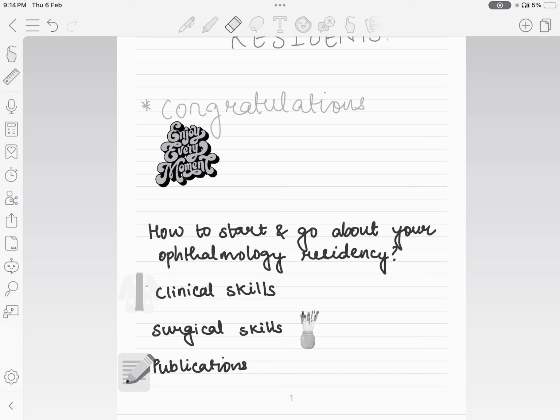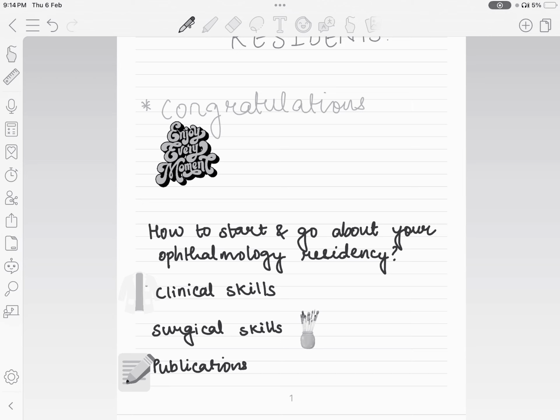But don't get disheartened, don't feel sad about it. Just make sure that you have registered that this is the current scenario that I am in, and make sure you take measures to get over it. So if you're not doing as great in your surgical skills as you had decided, then talk to somebody, talk to a senior, talk to a consultant, talk to a friend from another institute or college who's doing ophthalmology there.